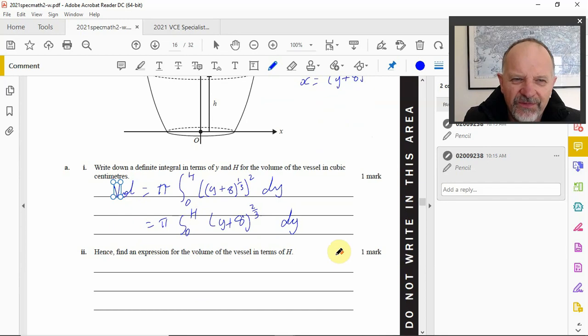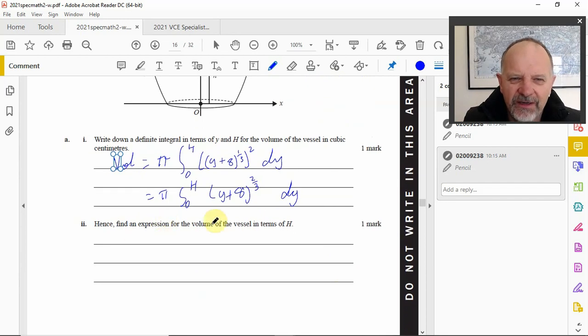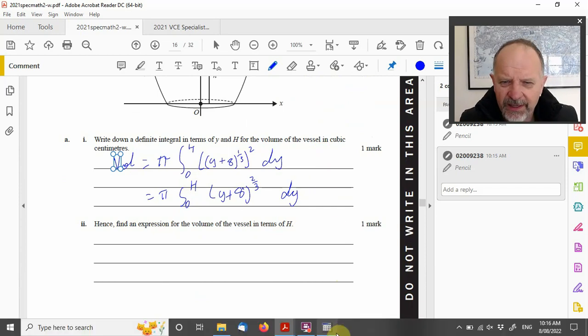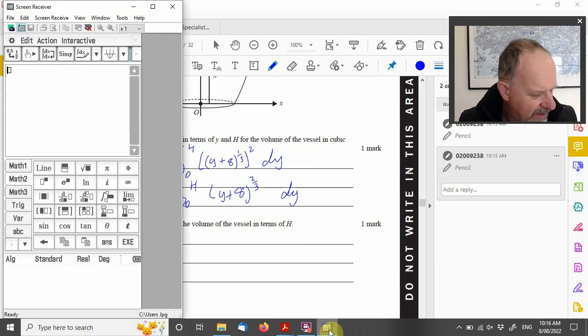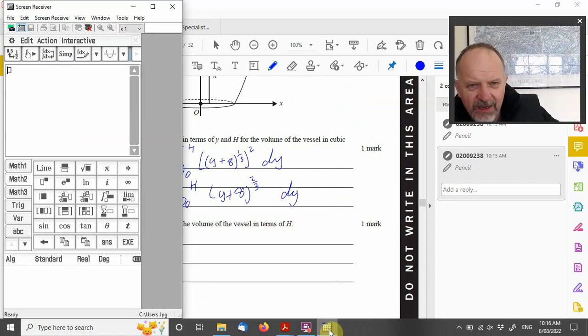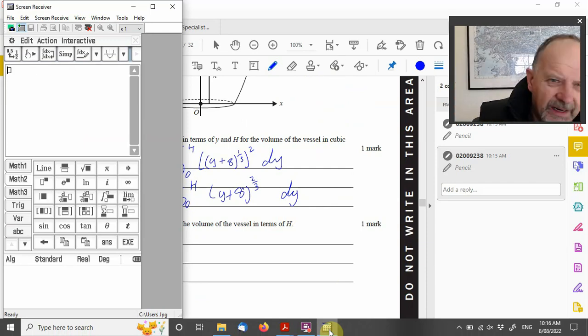However, in the second one, we then need to find an expression. So now we need to solve it. So what we need to do here is go to our calculator. We need to do the integral. Need to put the pi at the front, of course.